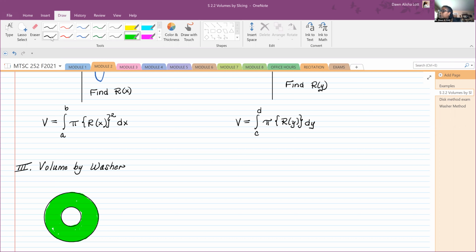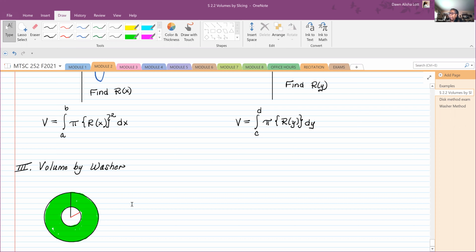Here is the radius of the big circle, and here is the radius of the little circle.